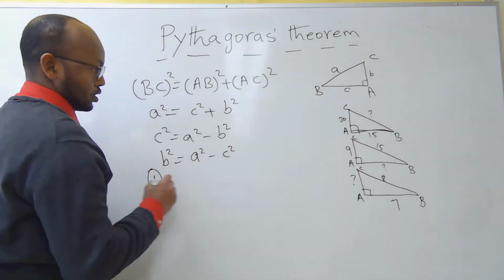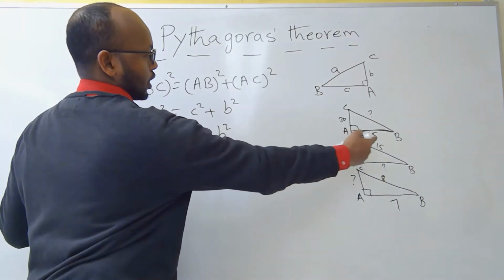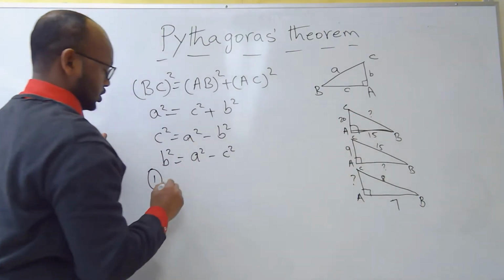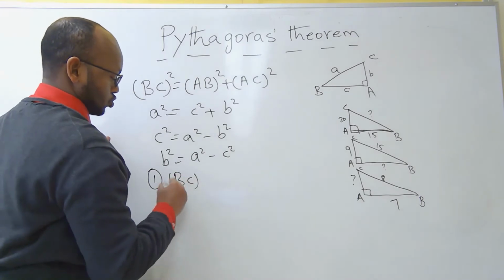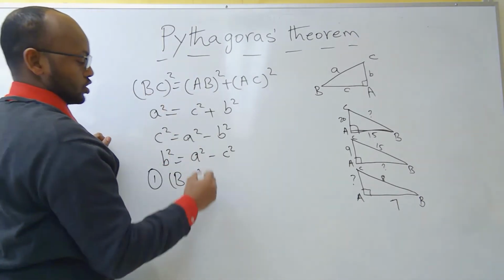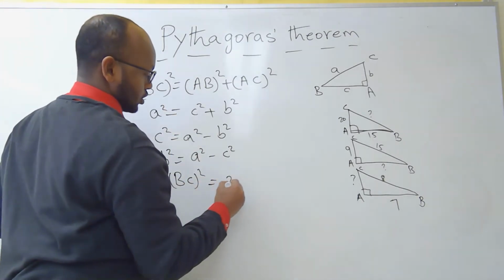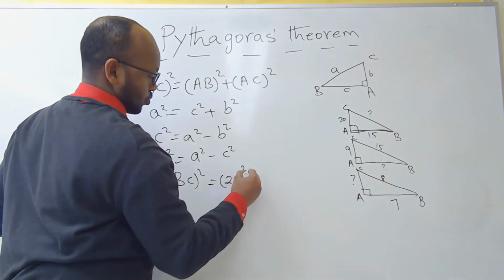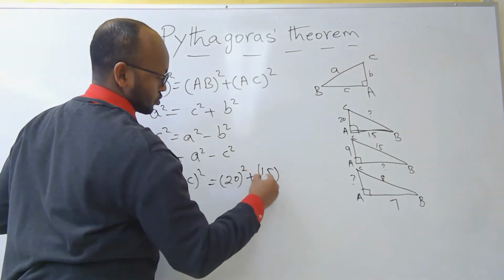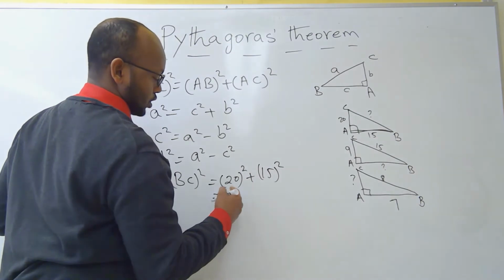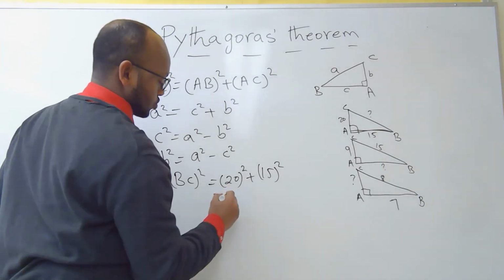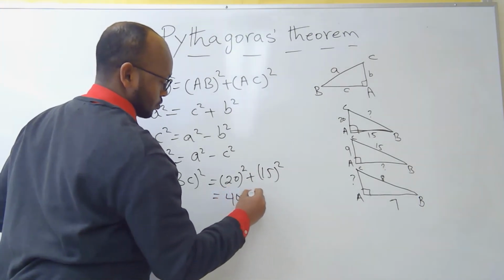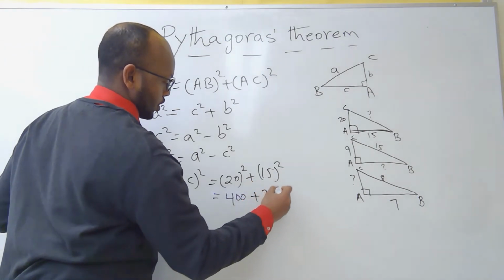I have 20, I have 15, and BC is missing. So BC square, which is this one, is equal to 20 square plus 15 square. 20 square is 400 plus 15 square is 225.